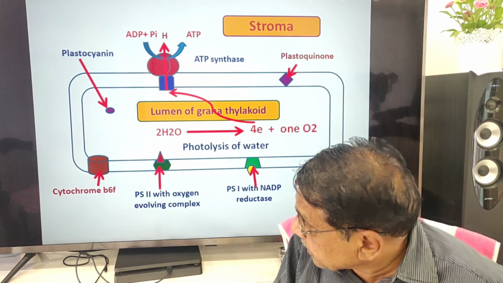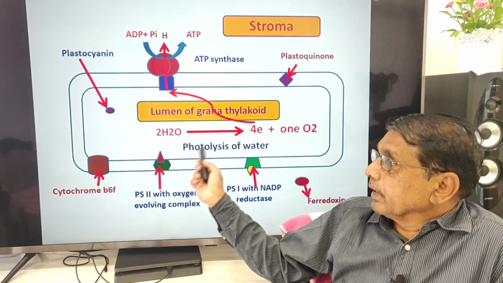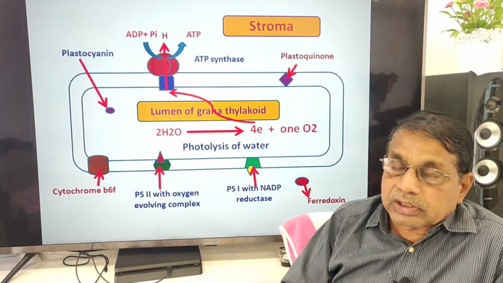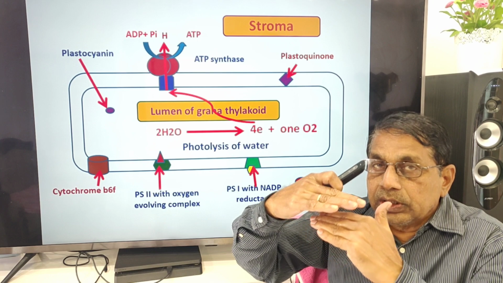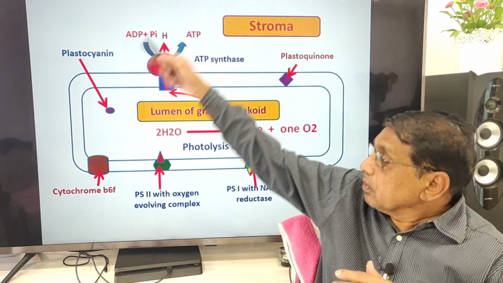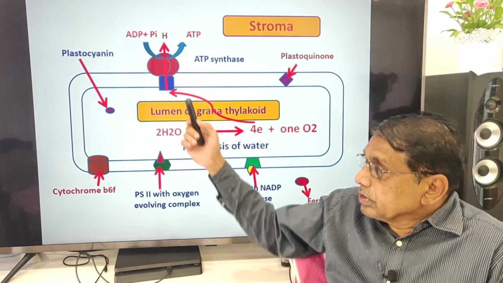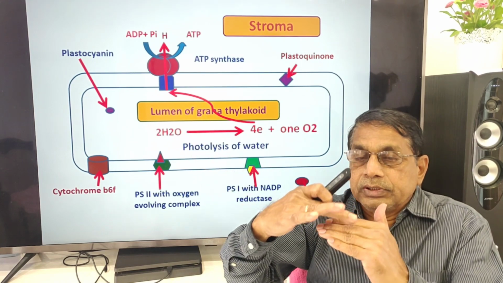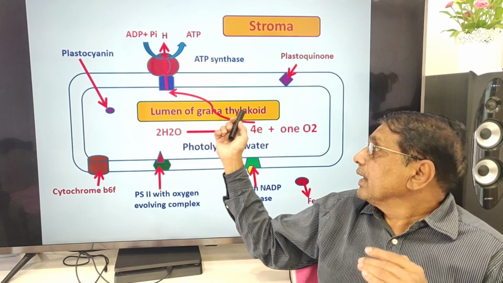Then this is the structure of the grana thylakoid. The thylakoid membranous structure is present in the granum region. The surrounding one is stroma. This is the cavity, this space, called the lumen of the grana thylakoid.